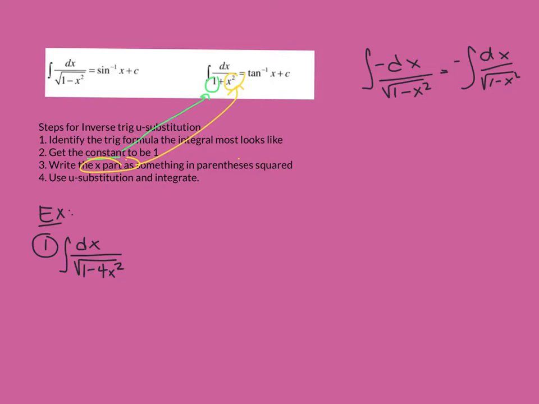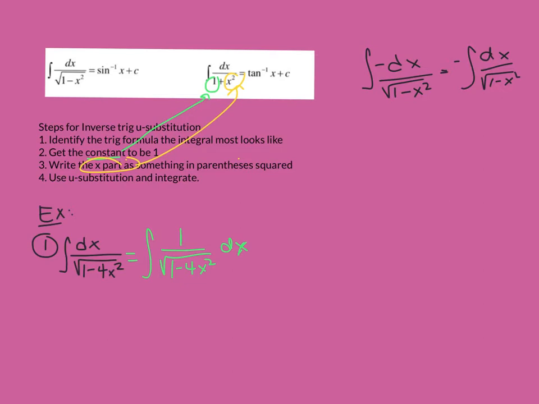For my first example, I have the integral of 1 over the square root of 1 minus 4x squared. If it makes it easier, feel free to write it like this. I think sometimes people look at that dx on the top in the original formula and get confused about it.